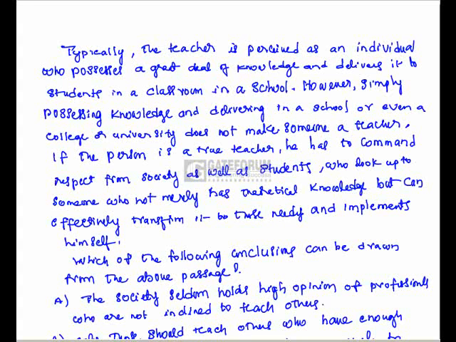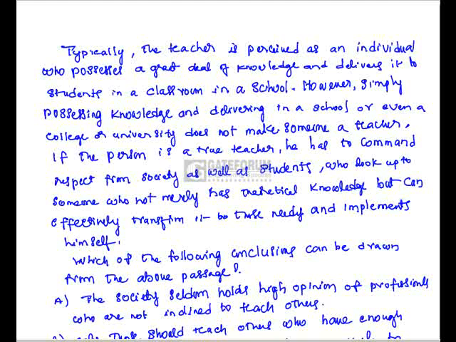Look at the question. This is a critical reasoning question. Typically, the teacher is perceived as an individual who possesses a great deal of knowledge and delivers it to students in a classroom in a school. However, simply possessing knowledge and delivering it in a school or even a college or university does not make someone a teacher.